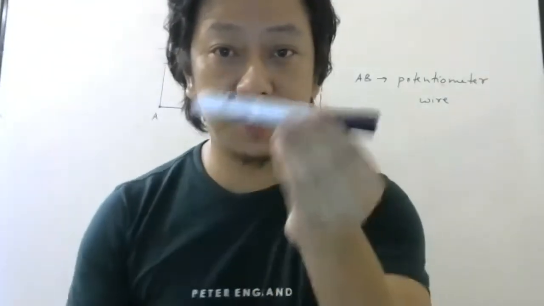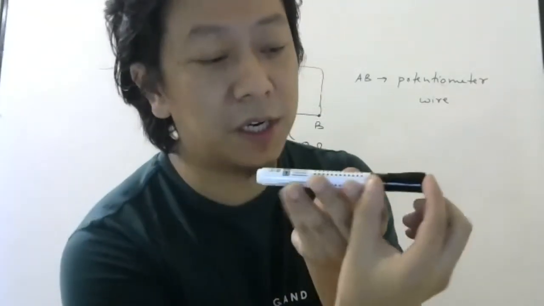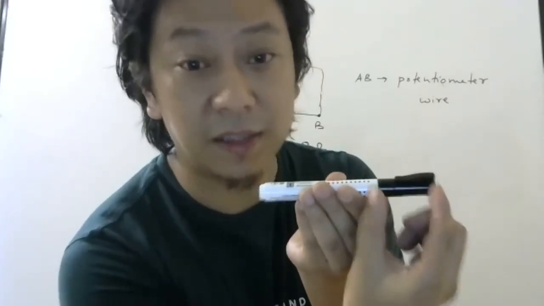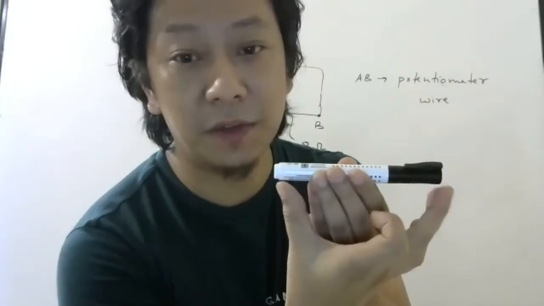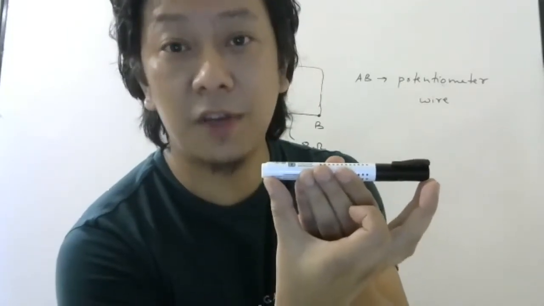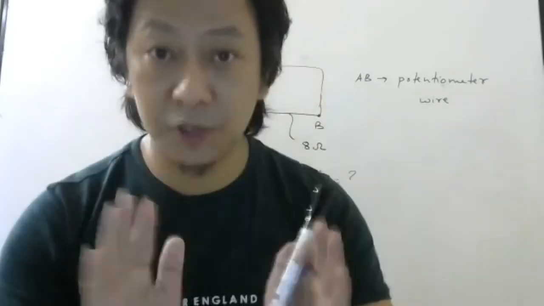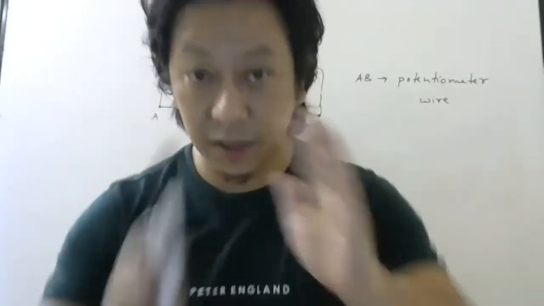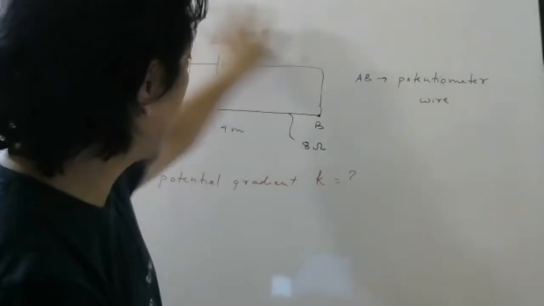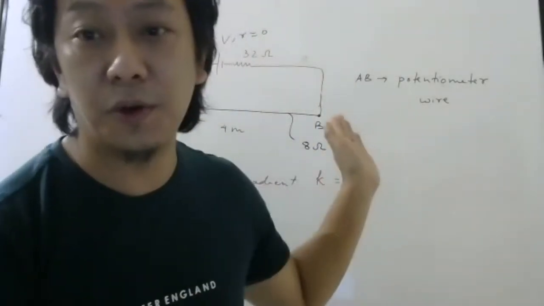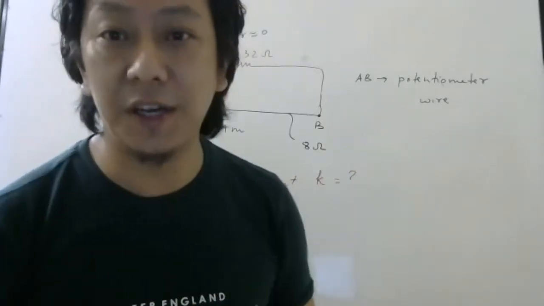If you measure the potential difference here, divide by this length; if you measure it here, divide by this length. So potential difference per unit length is called potential gradient. For one potentiometer, it is a constant. Of course, if you change the circuit of the potentiometer, then the potential gradient will change.